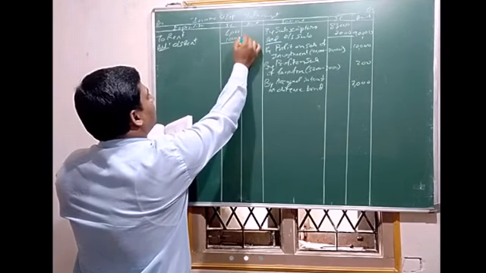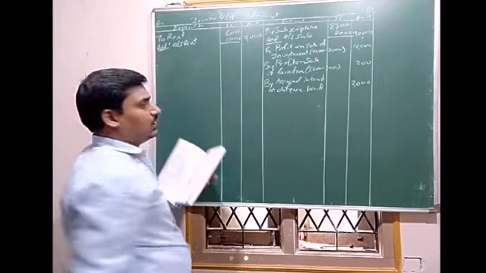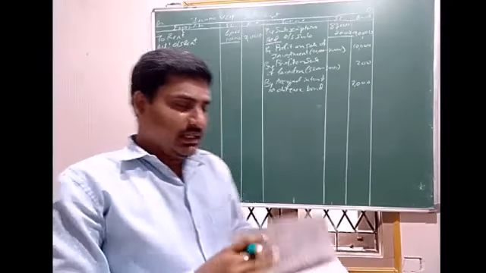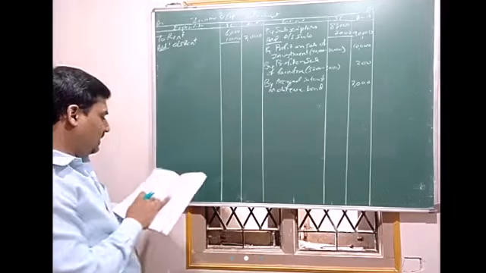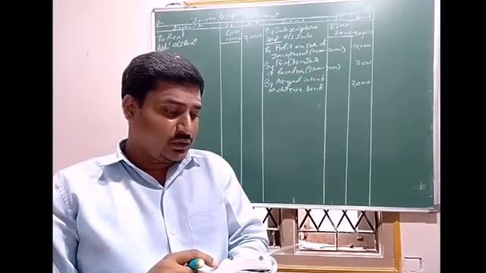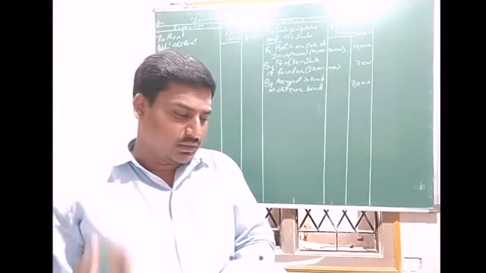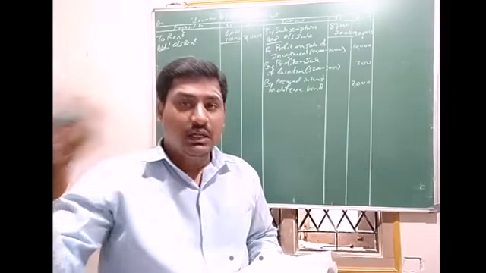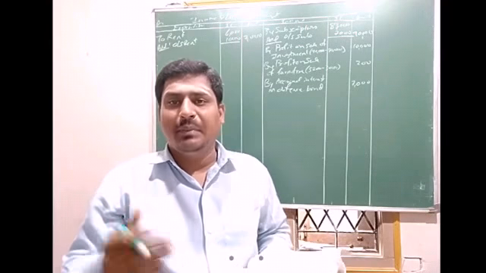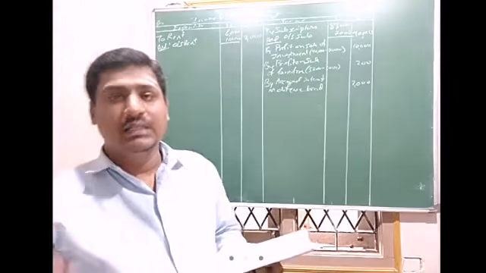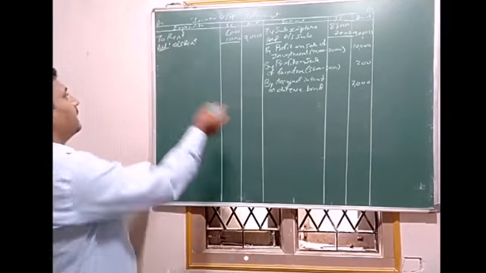So total 7,000 rent for the current year. Next, salary. Salary also there is an adjustment. So they have mentioned here salary paid for the year 2018 is 2,000. So that means this salary includes the salary of next year. So salary paid in advance. So that much we have to deduct here because that doesn't belong to this year.